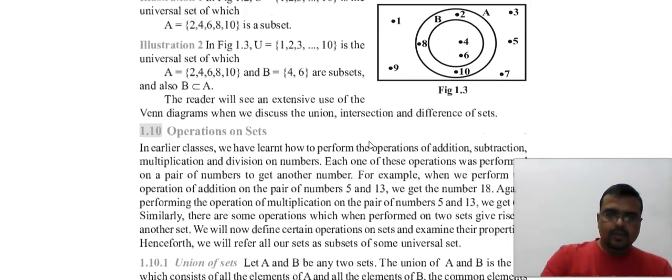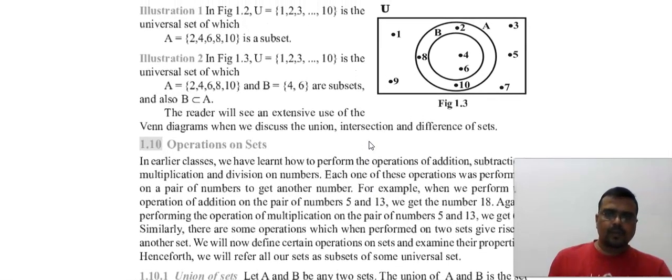Let's discuss illustration 2. You can see here in a rectangle there is a universal set which has all these elements, and set A is a bigger circle and set B is a smaller circle. Set B has two elements, 4 and 6, right? And set A has all the elements, including those which are in B also.